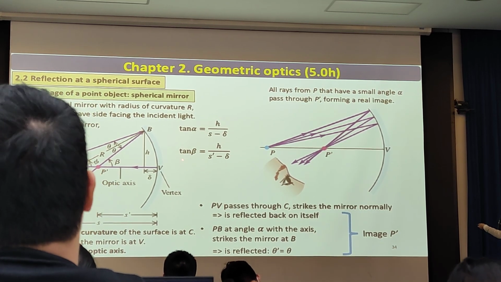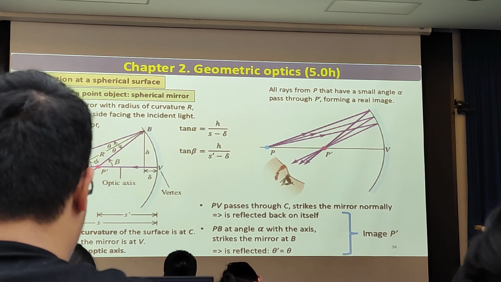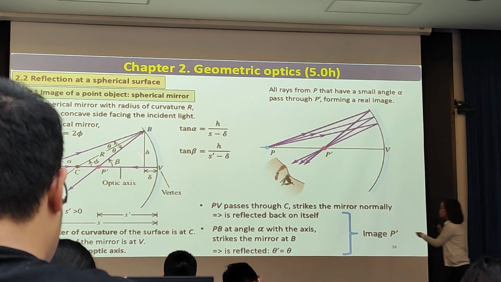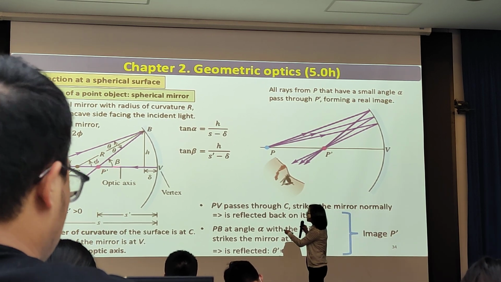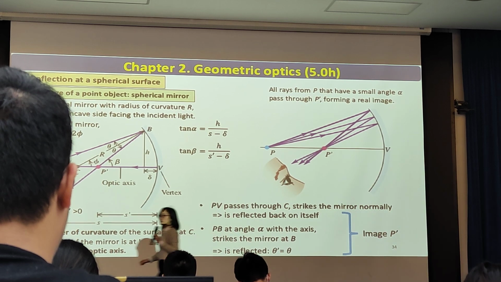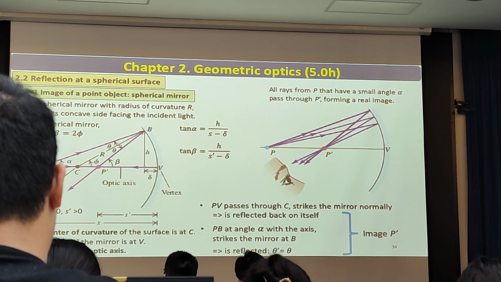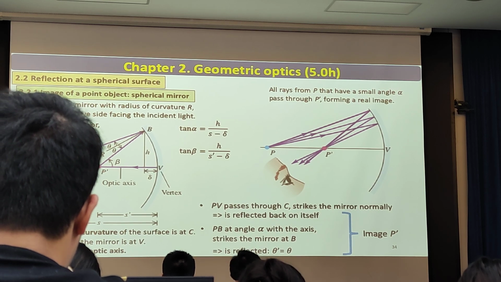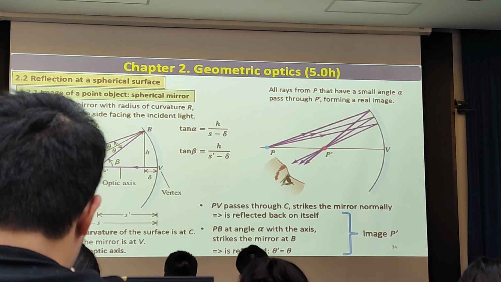So you have tangent of beta equal h divided by s prime minus delta. Okay. So it is equal to P prime V minus delta. Normally you use the symbol delta like this from secondary school when you solve equations, right?